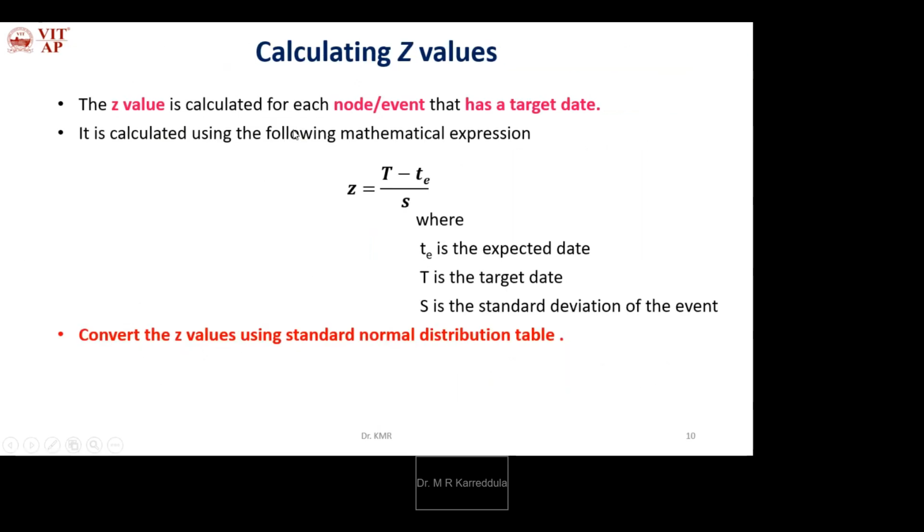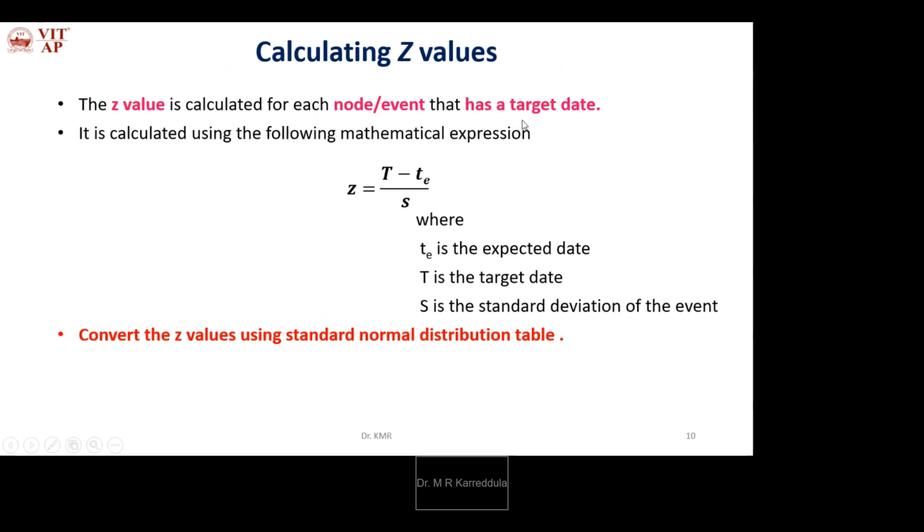Then calculating Z values. We need to calculate Z values using the expected duration and standard deviation. The Z value is calculated for each node or event that has a target date, not for all the events.